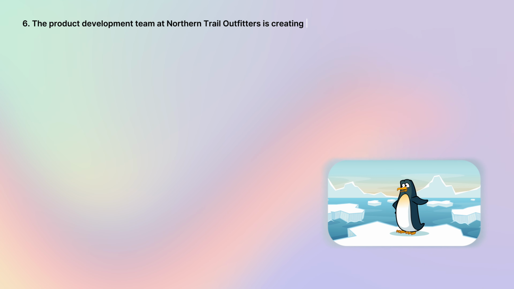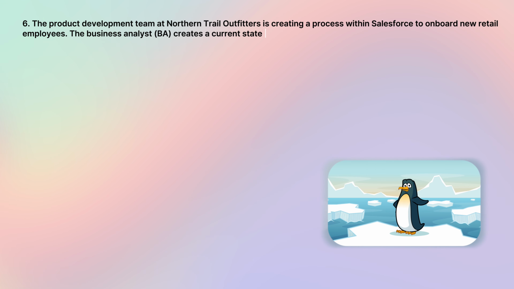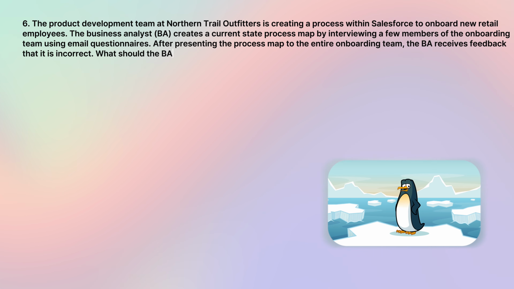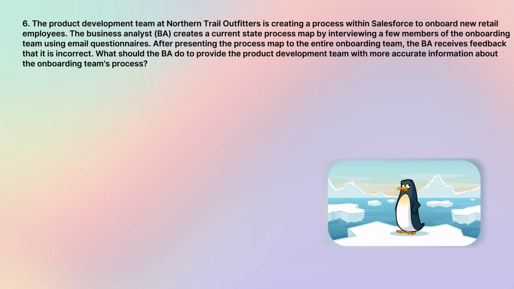Question 6. The product development team at Northern Trail Outfitters is creating a process within Salesforce to onboard new retail employees. The business analyst, BA, creates a current state process map by interviewing a few members of the onboarding team using email questionnaires. After presenting the process map to the entire onboarding team, the BA receives feedback that it is incorrect.